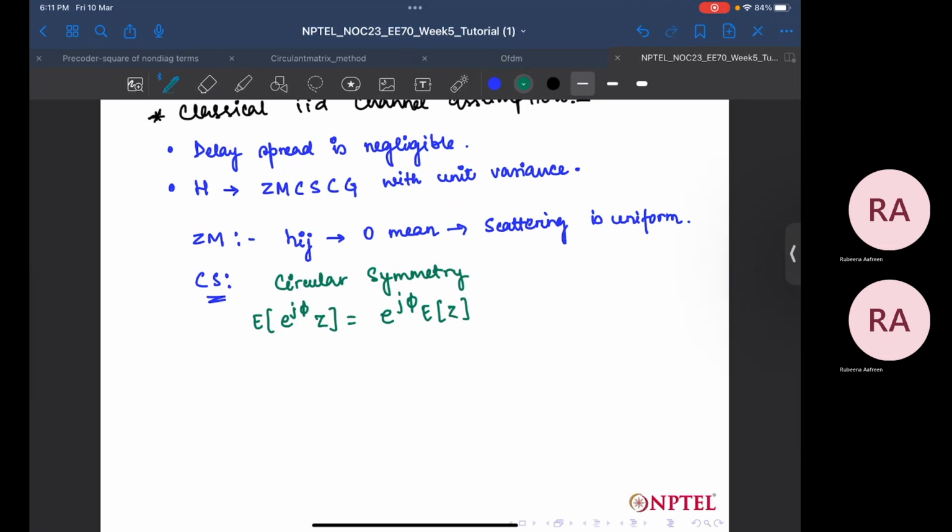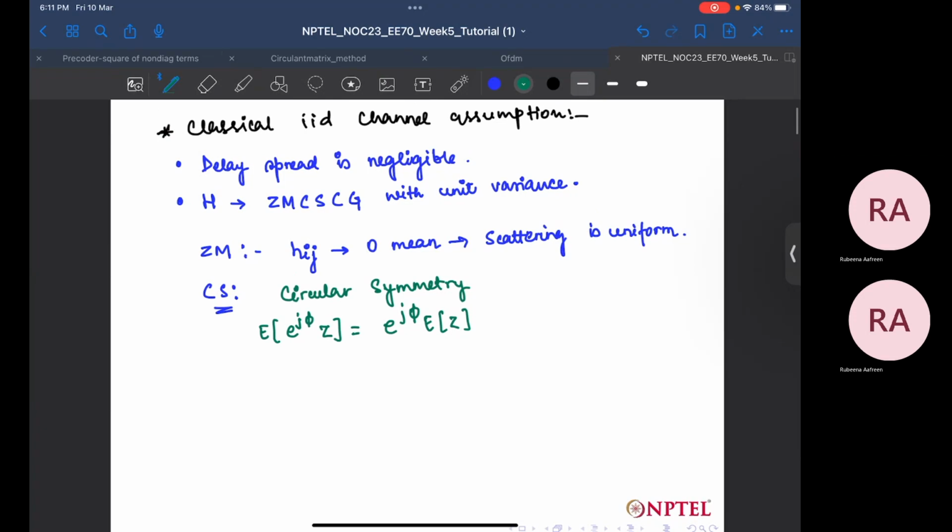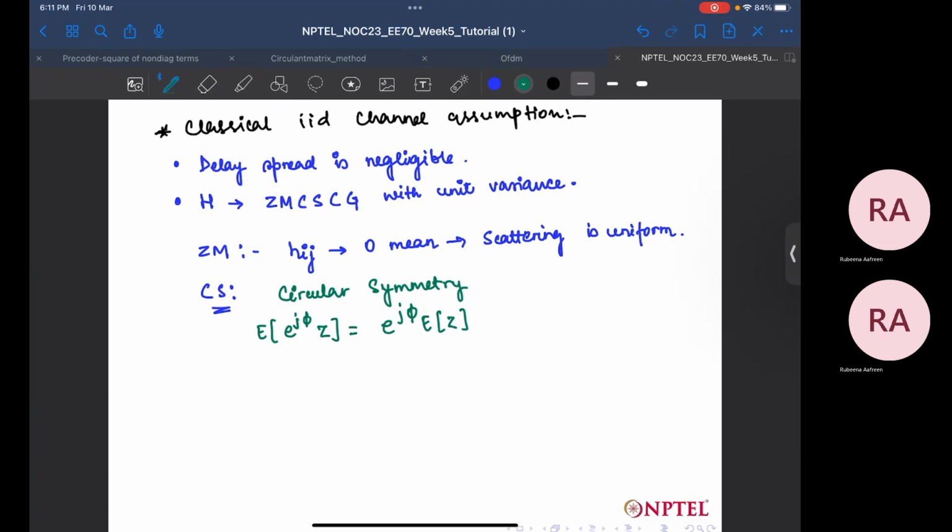If this property is satisfied, then the random variable z is said to be circularly symmetric. So the channel is circularly symmetric, zero mean, and complex Gaussian. You know that the channel is h equal to hI plus j times hQ, where both hI and hQ are zero mean Gaussian random variables. So from here we have seen zero mean, circularly symmetric, and complex Gaussian. Complex Gaussian because both the in-phase and the quadrature terms are Gaussian.